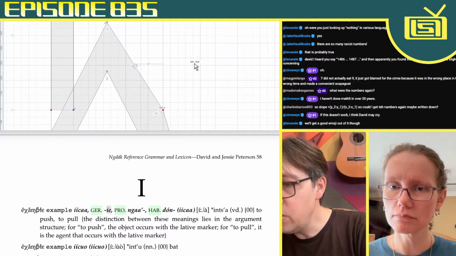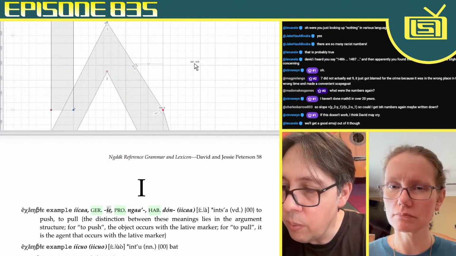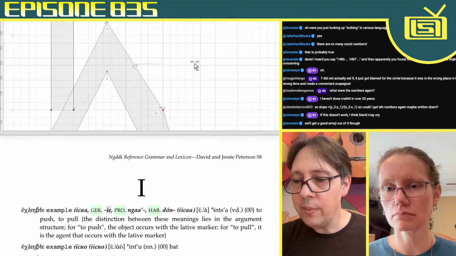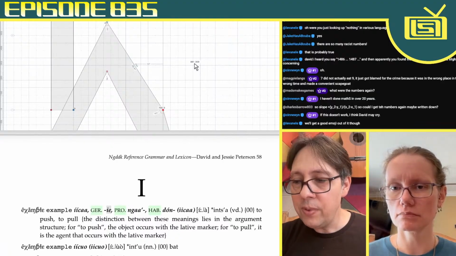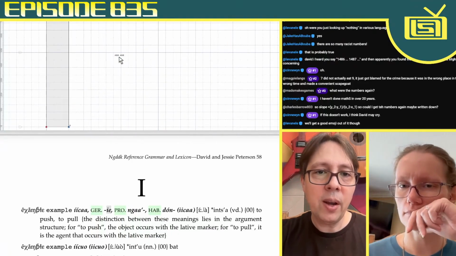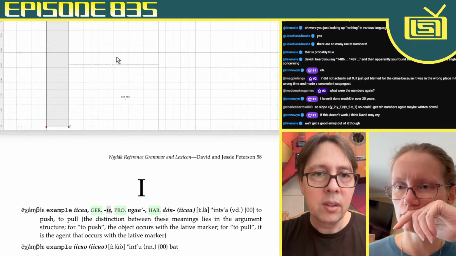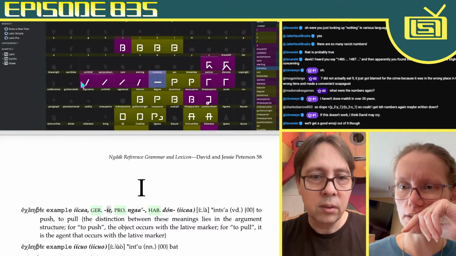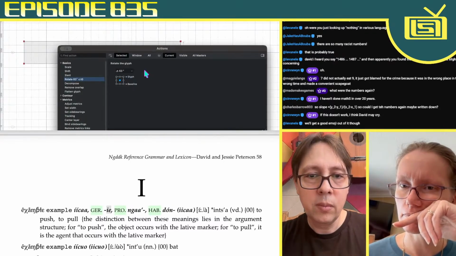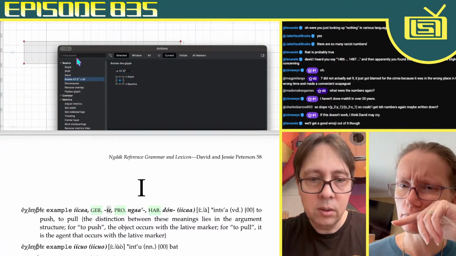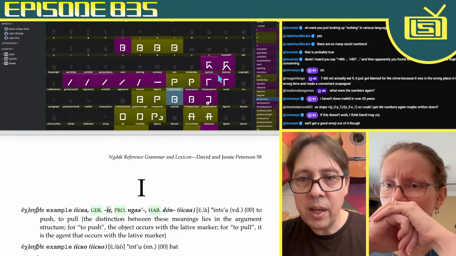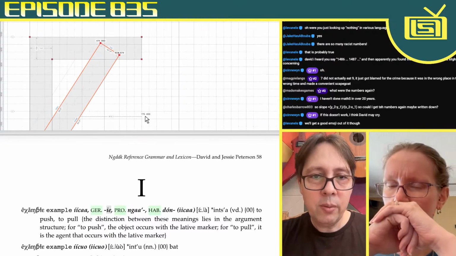32.5 degrees. That's what we need to be at. 90 minus 32.5 is 57.5. 57.5 degrees. Which is good, because I didn't want it to be that sharp anyway. 57.5 degrees.